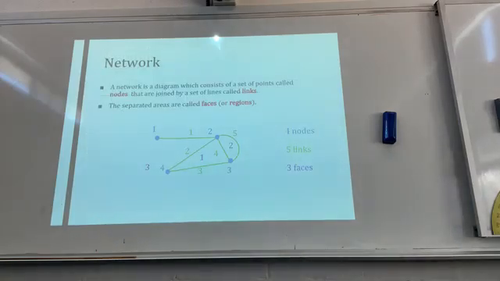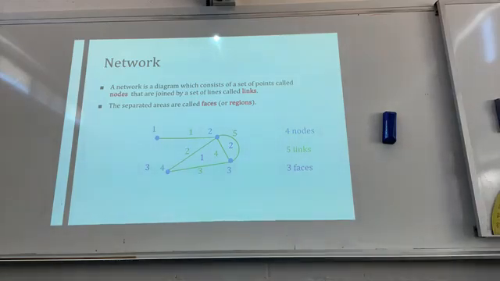Now, sometimes they will use the word network. Again, it's the same. It uses nodes and links. Again, same thing, faces and regions. So make sure that you understand if the question uses nodes, it's actually the same as vertex or vertices. If the question uses links, it's the same as edges.